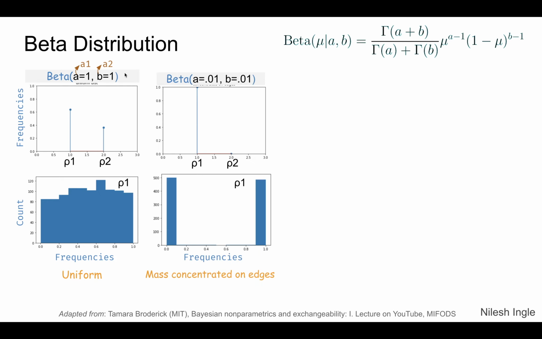Now, if we change the values of the hyperparameters a, b to 0.01, 0.01, that is to say we are inputting very small values. In that case, the probability shifts to the cluster row 1 in this case.